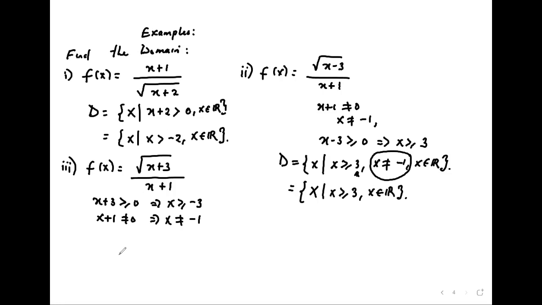Then we'll say our domain is x such that x is greater or equal to -3, x is not equal to -1, x is a real number. Have we seen that now you can't overrule -1? Yes, sir. So it is not always the same, but where we're able to overrule, we overrule. Where we can't, we keep.